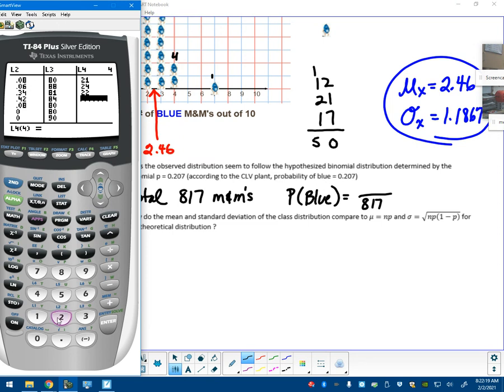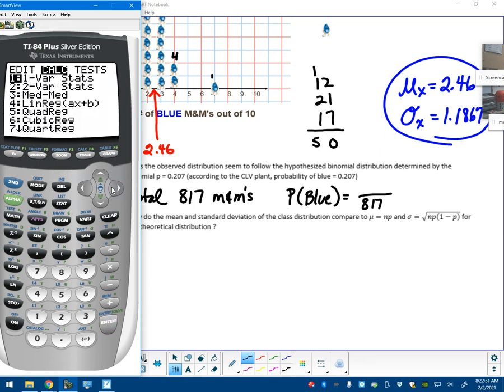Claire? 24. Emma Smith? 27. All right. And we can't be eating them yet because we still have another experiment to do. All right, Nathan? 21. And Emma Salem? 17. And Alina? 19. And Ryan? 17. Okay, so now let me do stat calculate one variable statistic on list 4.